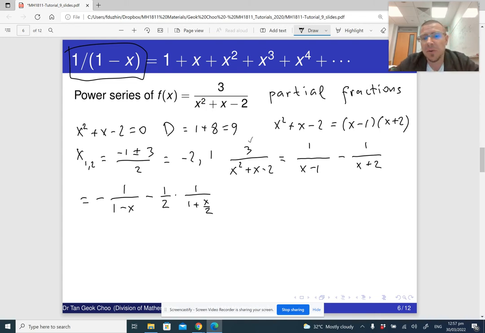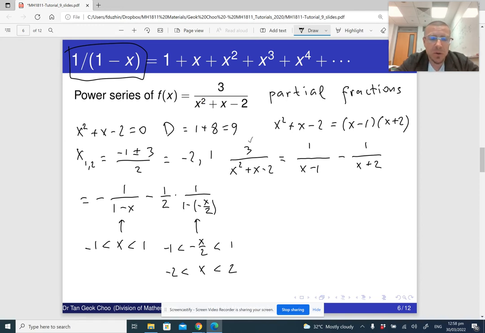So the only thing that I will take care of from the beginning is that this works if x is between negative 1 and 1. And notice that here I should really have minus something, so I will rewrite it as 1 minus minus x over 2, right? So this really works if minus x over 2 is between negative 1 and 1, which means that x is between negative 2 and 2.